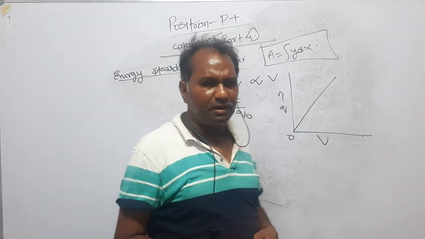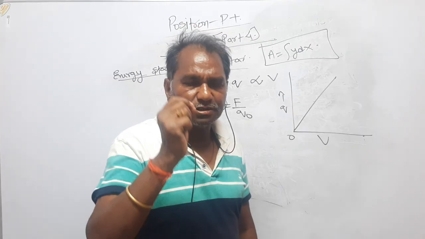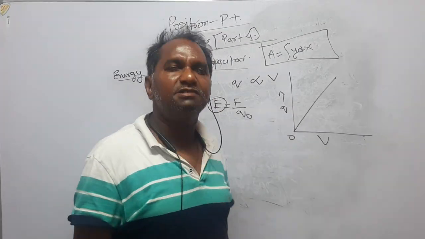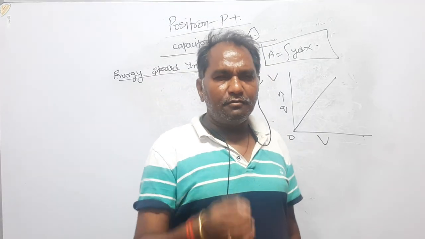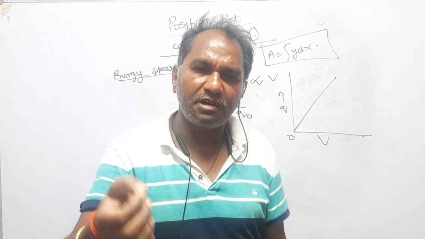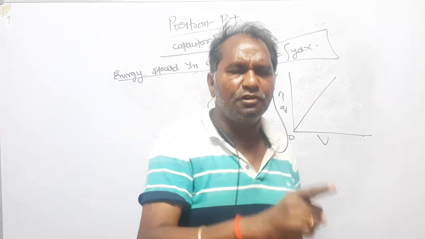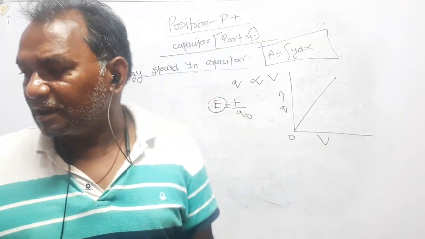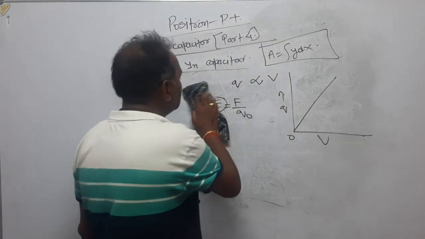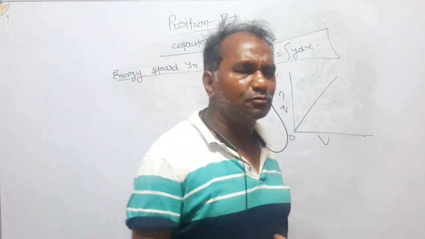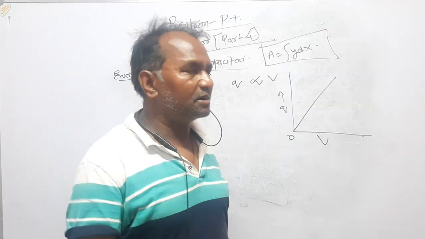It is the force experienced by a unit positive test charge, so the nature of electric field intensity is force. In a similar way, electric potential at a point is the work done in bringing a unit positive test charge to that point. So the very nature of electric potential is work, and the very nature of electric field intensity is force. These are the basic concepts, and if you know them, it makes life very easy when studying physics.